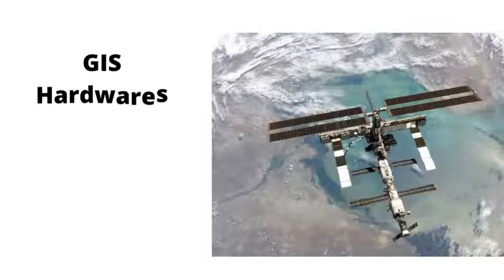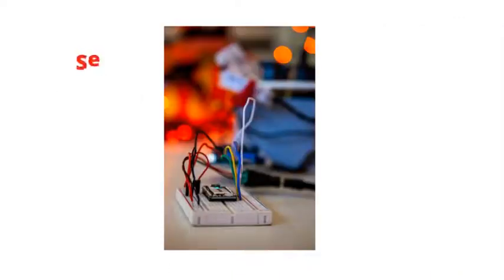GIS hardware are computer peripherals or parts of the computer that can be attached to give out various outputs or to input materials into the computer. Examples are divided into 2 parts.